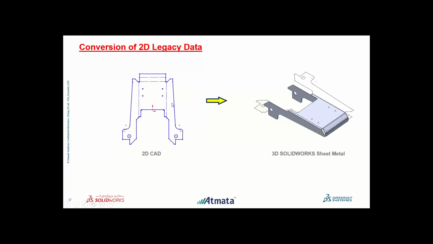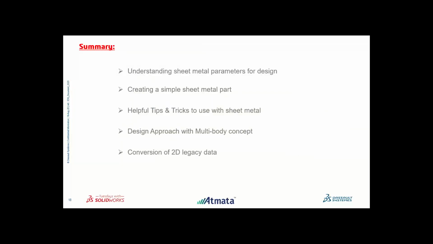So what we saw here was a simple conversion of 2D legacy data from 2D CAD to SolidWorks sheet metal. Just to summarize my presentation on this webinar, my scope of interest was to show you the features, how you can create a sheet metal part, how easy it is with a simple parametric design, and some tips and tricks.